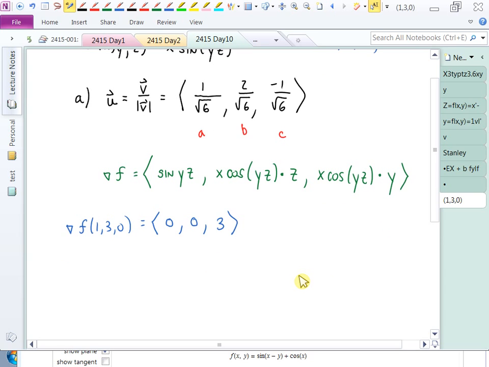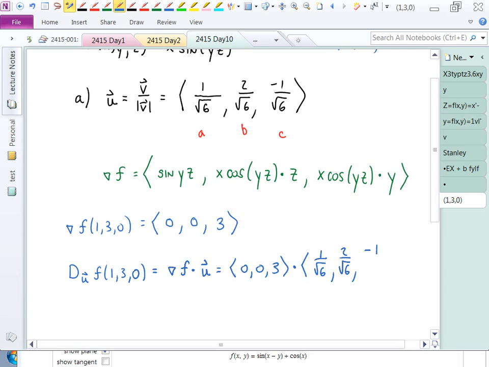Got it? Now, the directional derivative in the direction of the vector u of our function at 1, 3, 0 should be equal to our gradient dotted with u, which would just be what? Our gradient 0, 0, 3 dotted with u, but u was 1 over root 6, 2 over root 6, negative 1 over root 6.